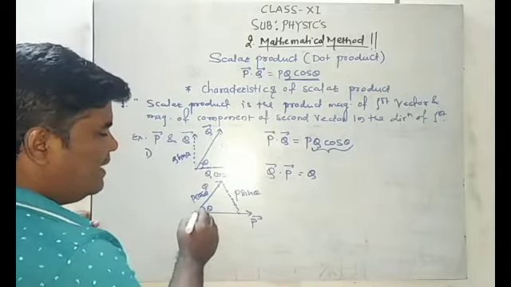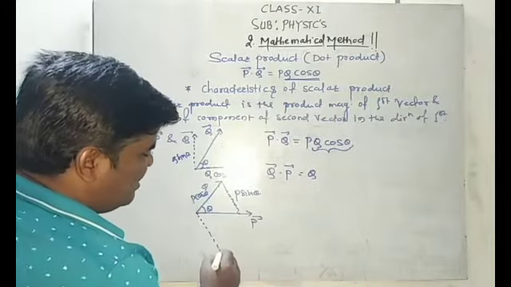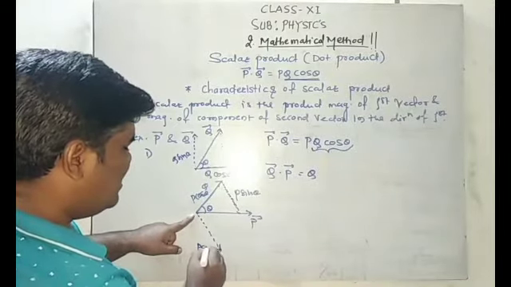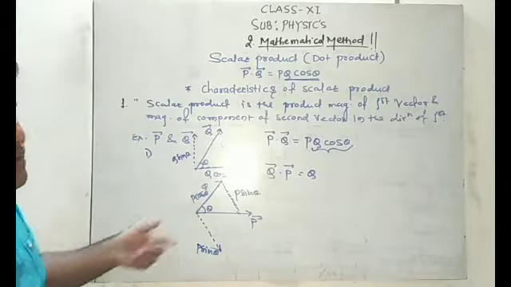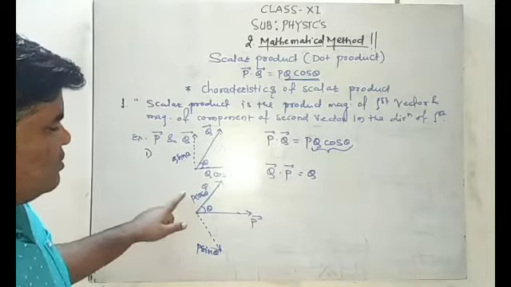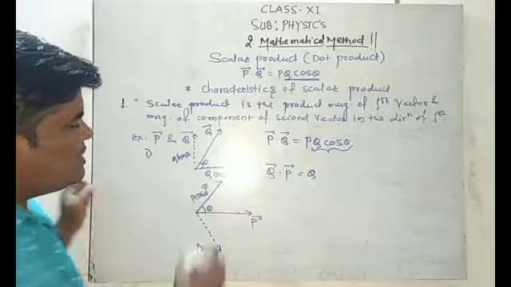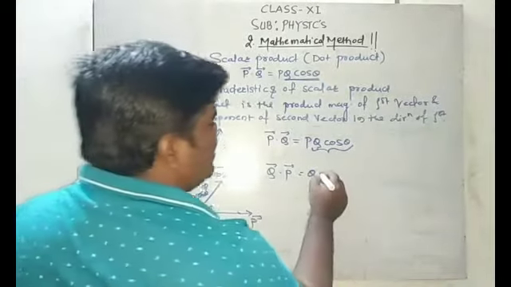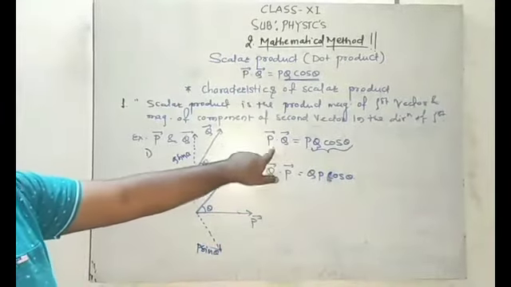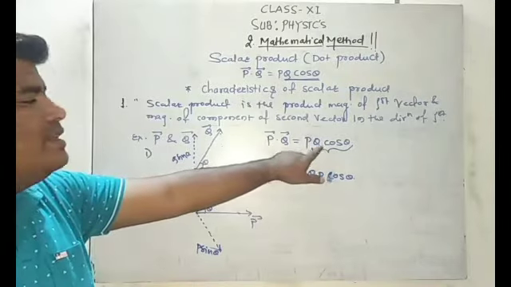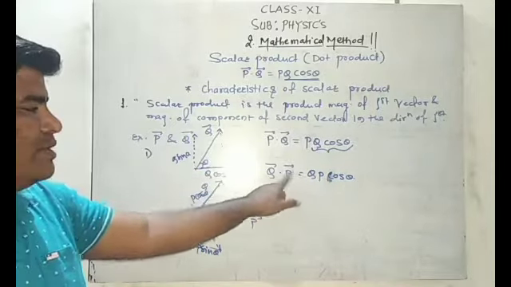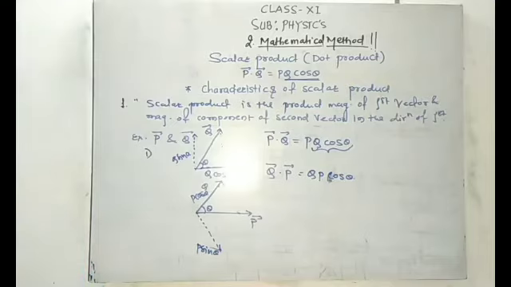So the component of p bar, horizontal and vertical, will be formed this way. This vertical component will be p sin theta, and the component along the angle, that is p cos theta. This is p cos theta, right? So which component do we take? In the direction of the first. So which is the first vector? q bar, right? And therefore this is p cos theta, right? So if we multiply p bar dot q bar, then the magnitude was pq cos theta. And if we multiply q bar dot p bar, then the result is qp cos theta.